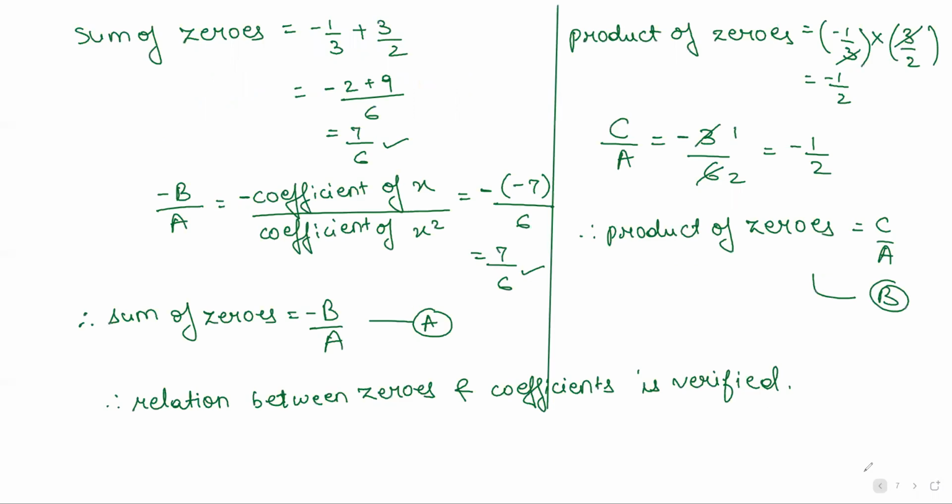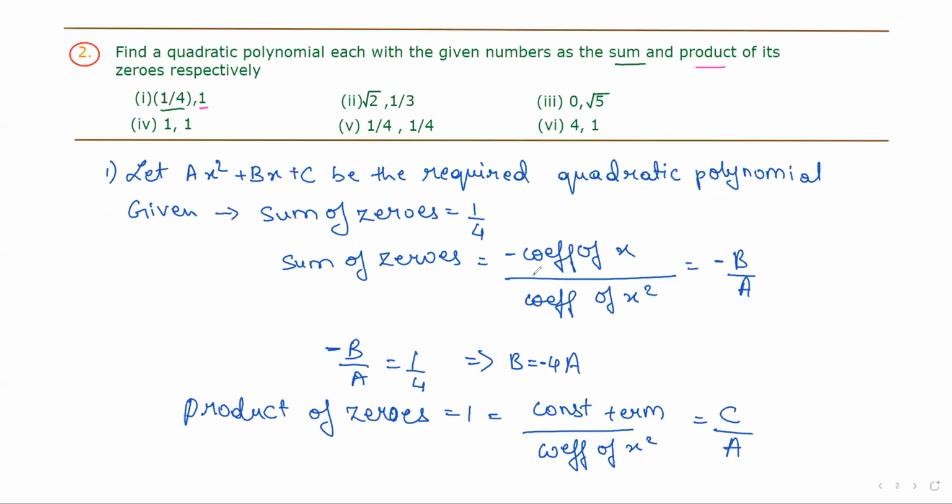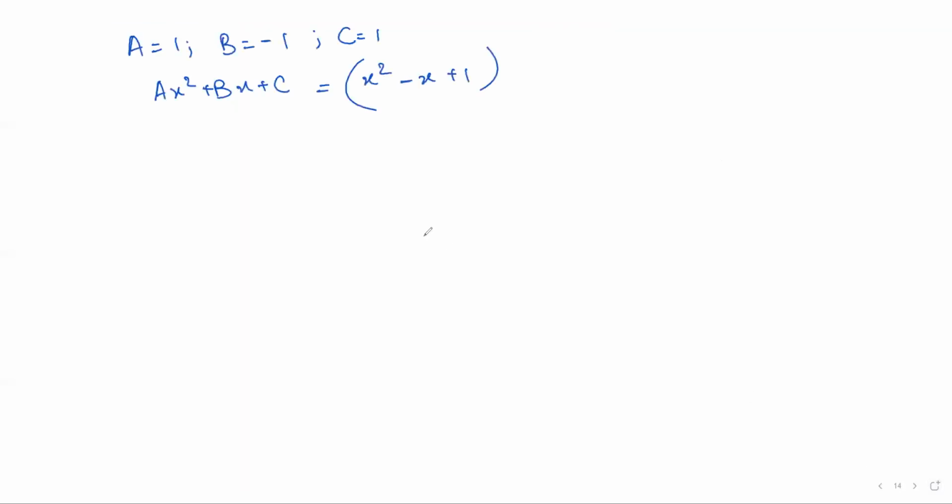Next values are 1 by 4 and 1 by 4. So sum of zeros is equals to minus b upon a.